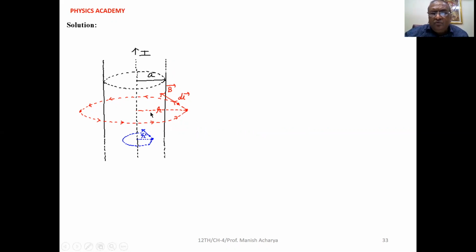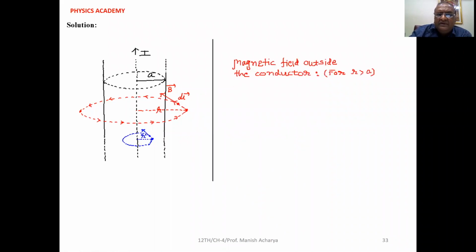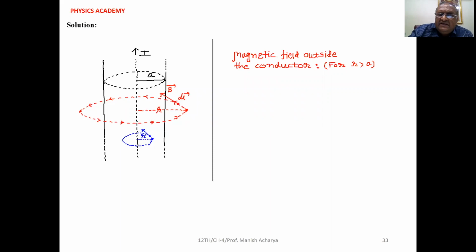Now we want to find the magnetic field at a point outside this conductor as well as at a point inside the conductor. Suppose first we consider the point outside the conductor, which is at a distance r from the axis of the conductor, where r is greater than a.